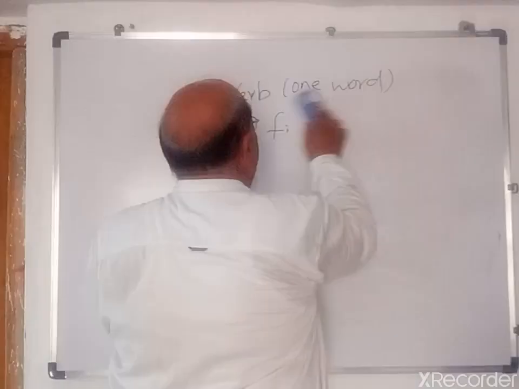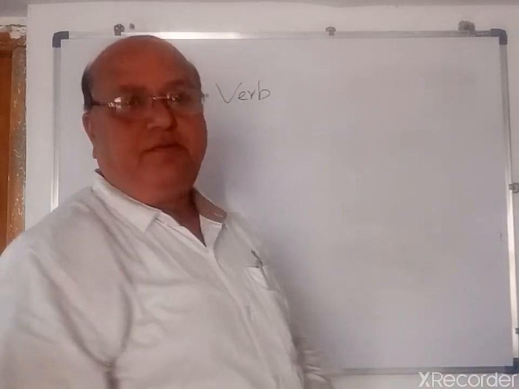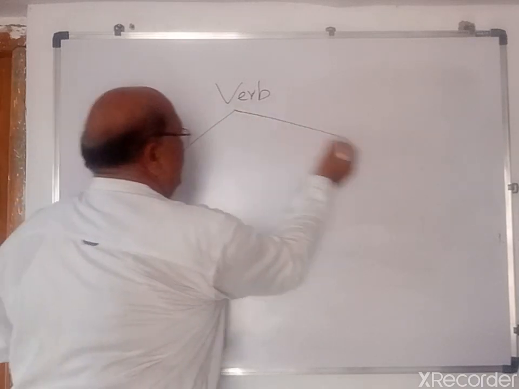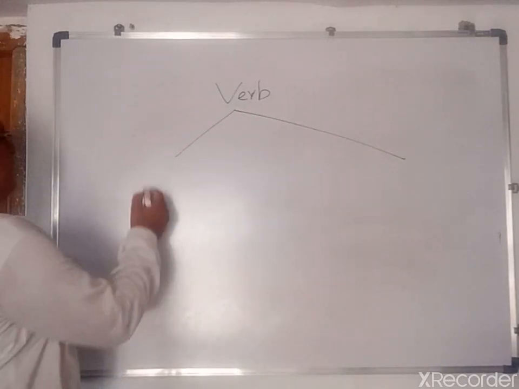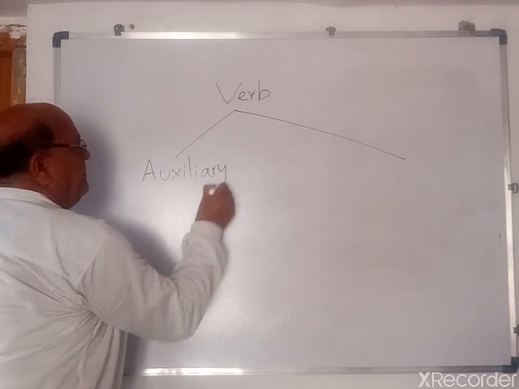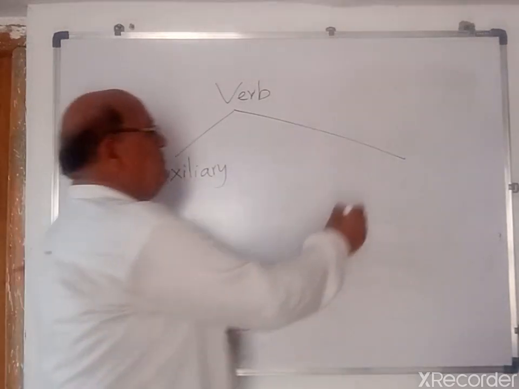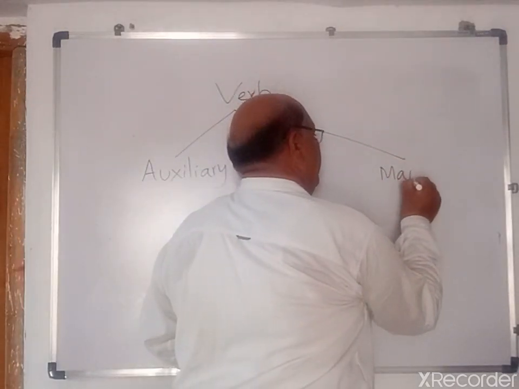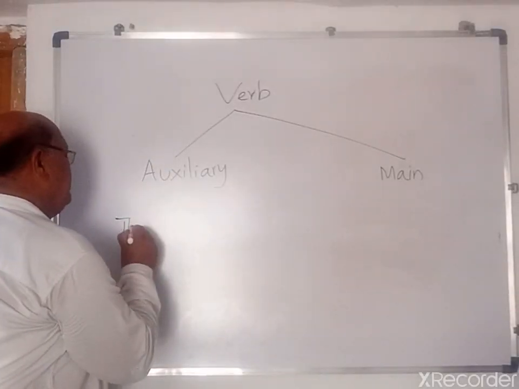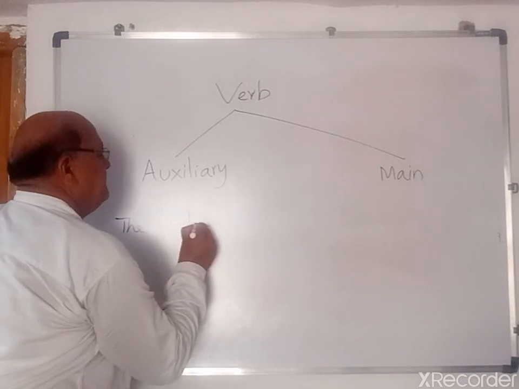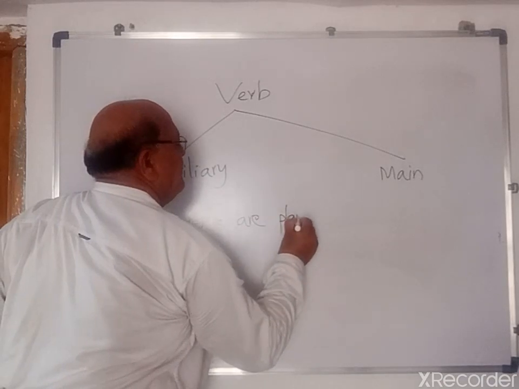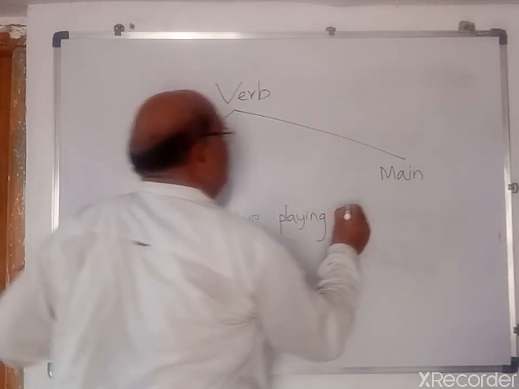This time we will see if the verb has two words. The first one is the auxiliary. The second one is the main verb. Right? The students are playing football.